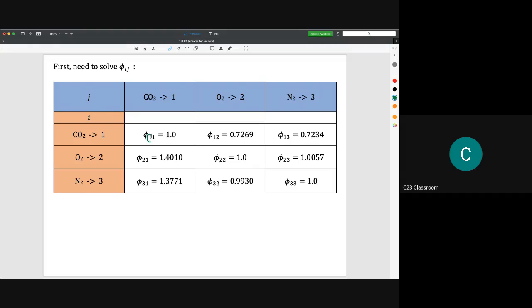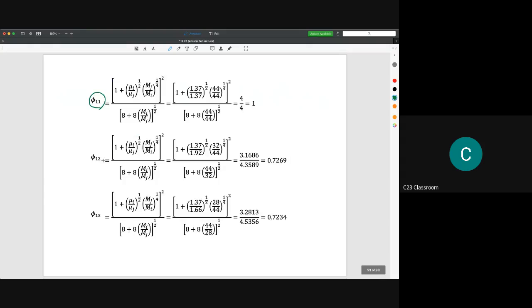The first term is i, and the second term is j. So for example, gas number 2 at column i, and number 1 at column j. I think you already know how to solve this.